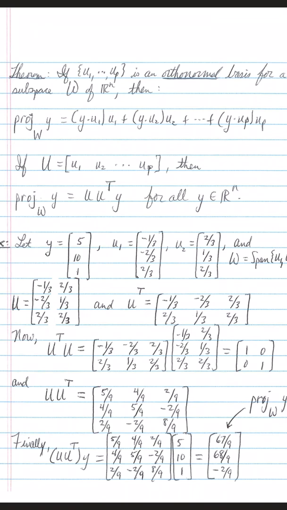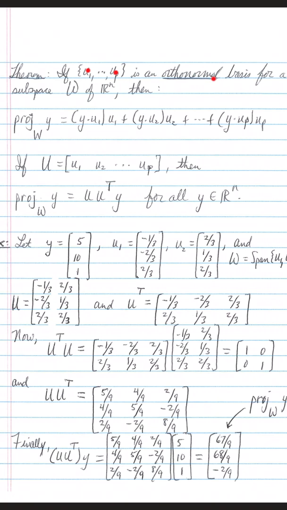Theorem: if you have a set of vectors 1 through p and they are orthonormal. Now remember, orthonormal is orthogonal and unit. So they are vectors that are orthogonal and also have a unit length or a length of 1.